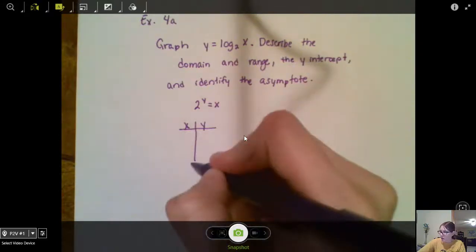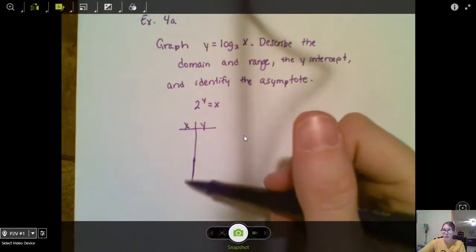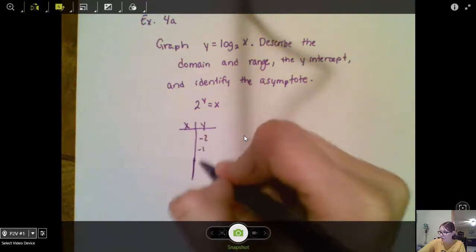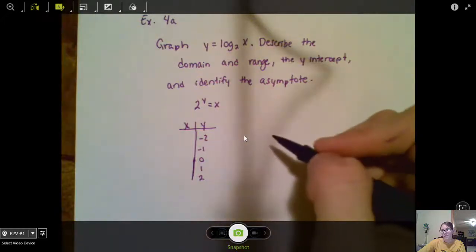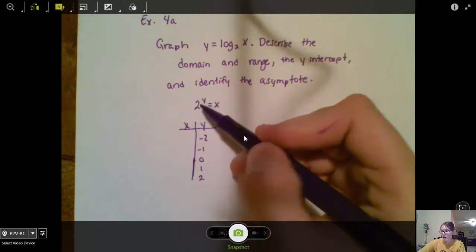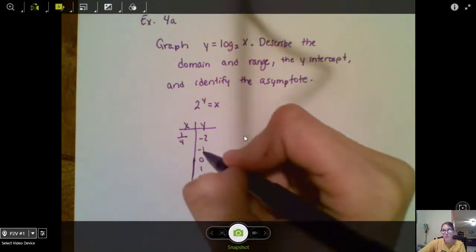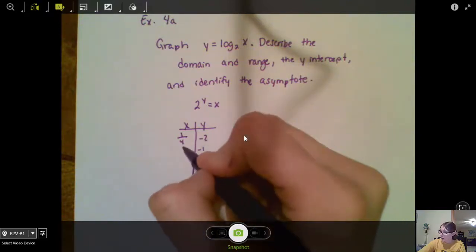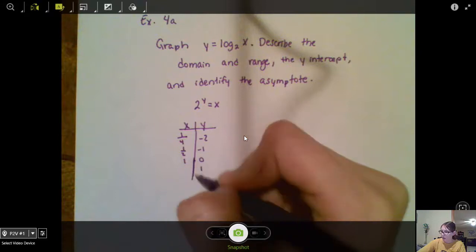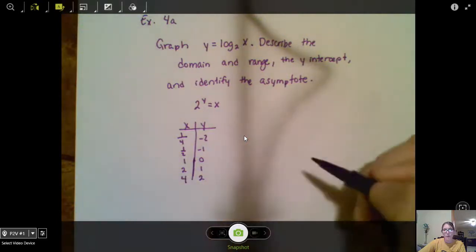So, with exponential functions, to start off, we picked -2, -1, 0, 1, and 2 for x. Well, let's pick those values for y now. Okay. 2 to the -2nd power is 1 over 2 squared, so 1/4. 2 to the -1st power is 1/2. 2 to the 0 power is 1. 2 to the first power is 2. 2 to the second power is 4.